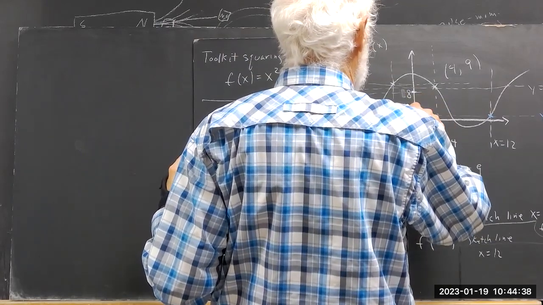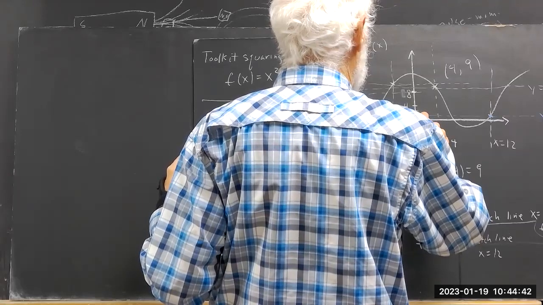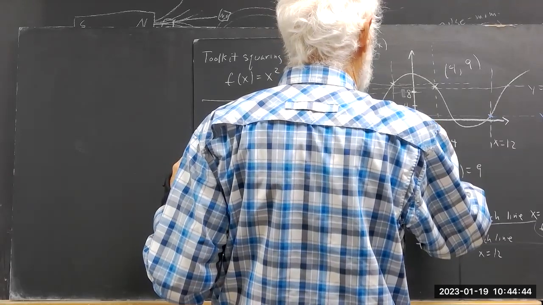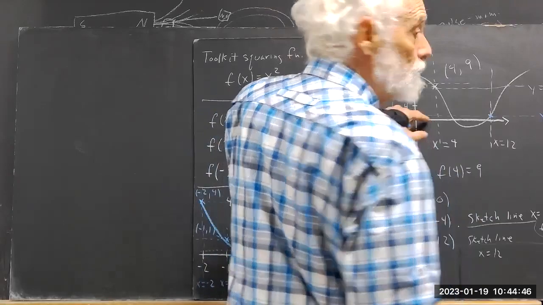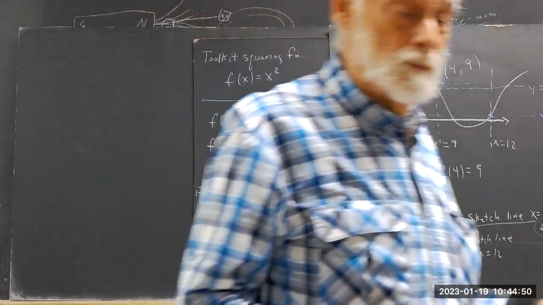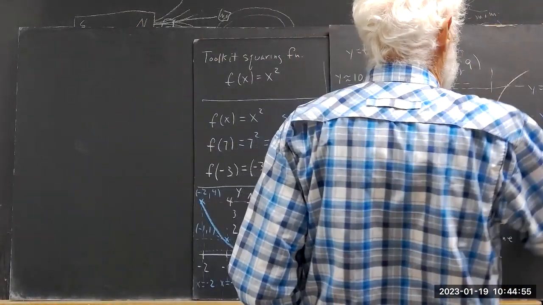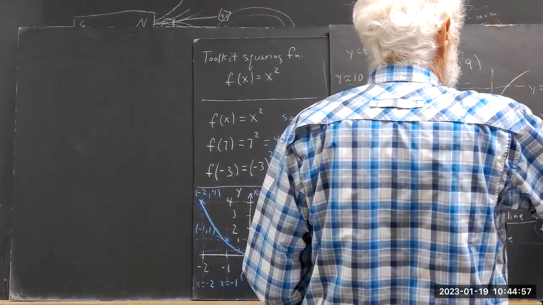Divide that in half, you get 4. Divide that in half, you get 2. Divide that in half, you get 1. Okay? So you can put your own scale on the axis. So y equals 1 is a pretty good estimate.